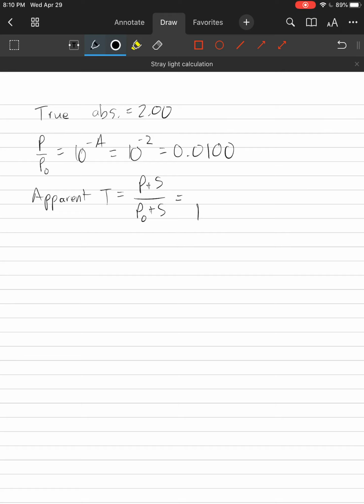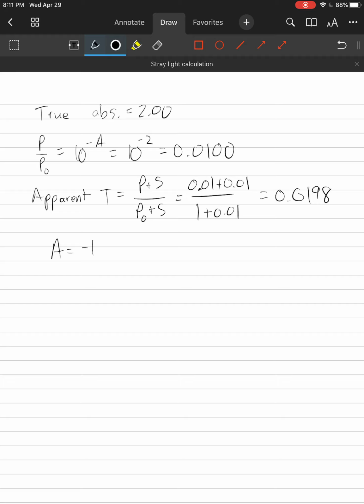Everything's relative here, so we can call it 1 as long as we know everything is relative to 1. So 0.01 plus 0.01 over 1 plus 0.01. You can already see that this is going to be a huge error, because we've essentially doubled our value for P, even though P naught doesn't change very much. That gives us a transmittance of 0.0198 once we calculate it, and you can see that transmittance is significantly higher.